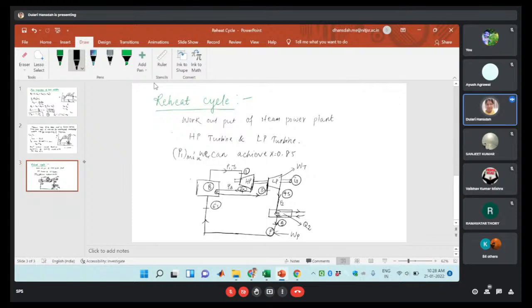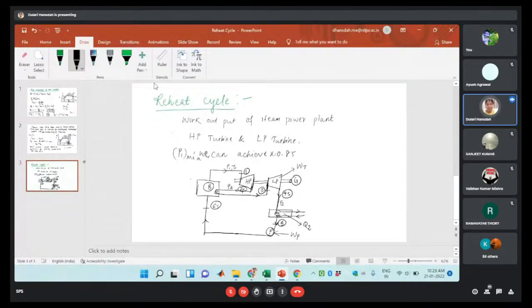Okay. So this is the schematic diagram for all the processes in individual components. So this diagram is done for your reheat cycle. So here I have used the two turbines to increase the specific work output of the steam power plant, so that it will not affect the quality of the steam.